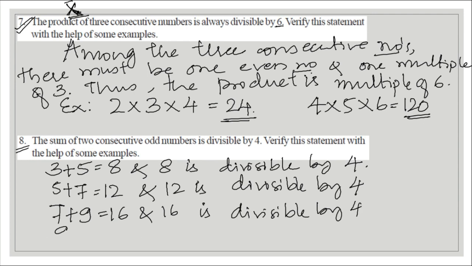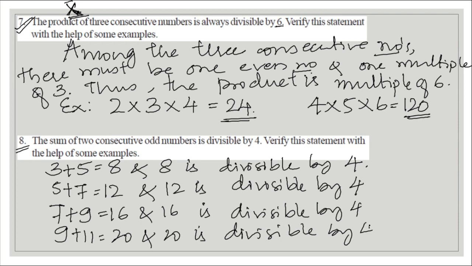One more example, 9 added to 11 is 20, and 20 is also divisible by 4. So this statement is a true statement. The sum of two consecutive odd numbers is always divisible by 4.